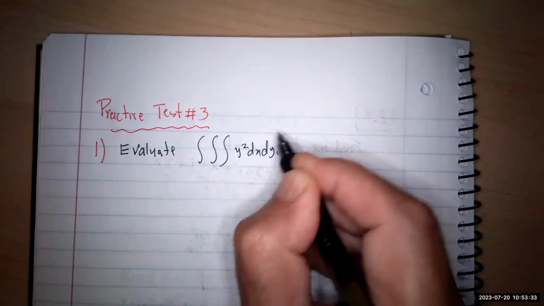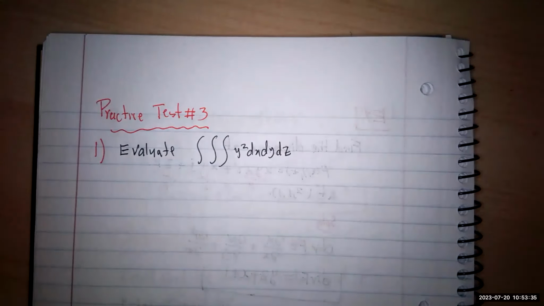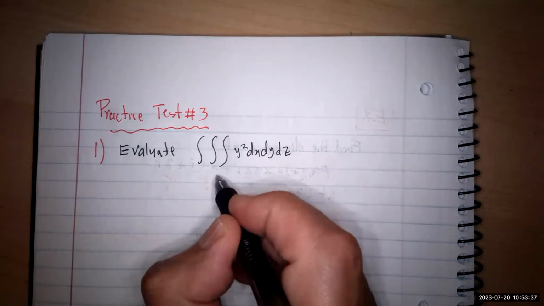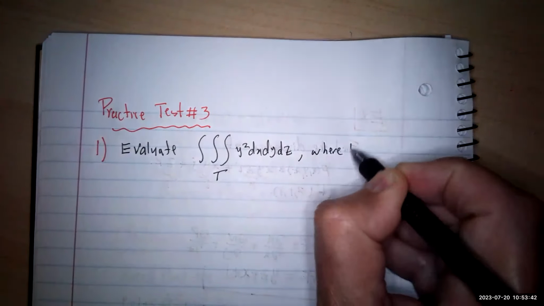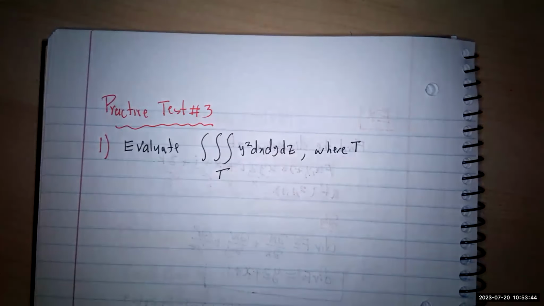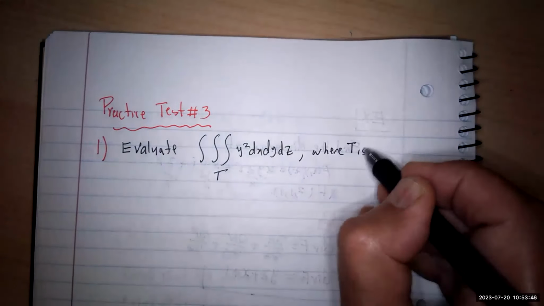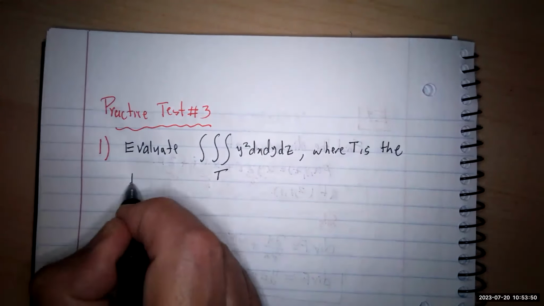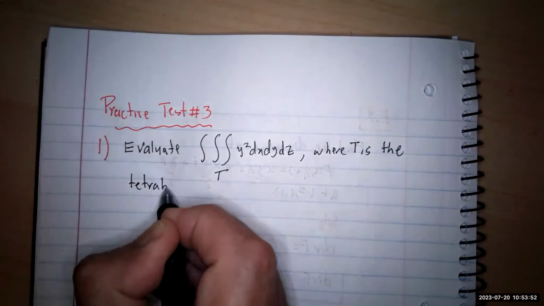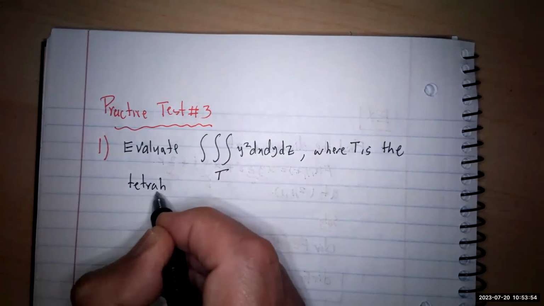These are rectangular type, we call it. And you want to do it over T, and T is the region that we're going to integrate, or the solid. In this case, T is a tetrahedron with the given equation.